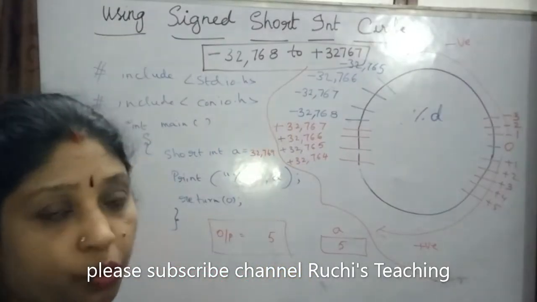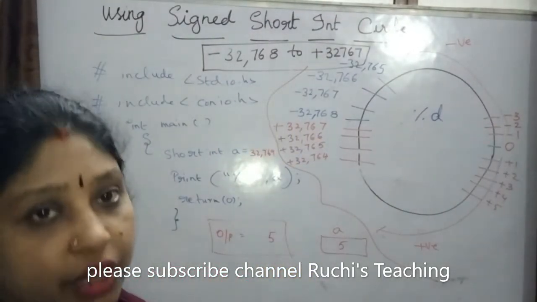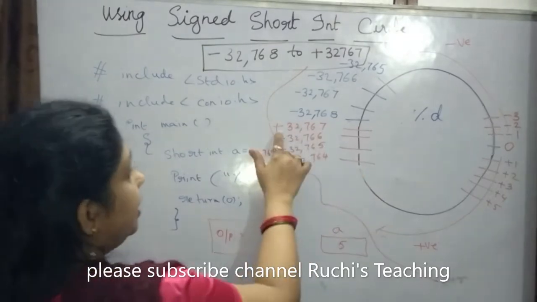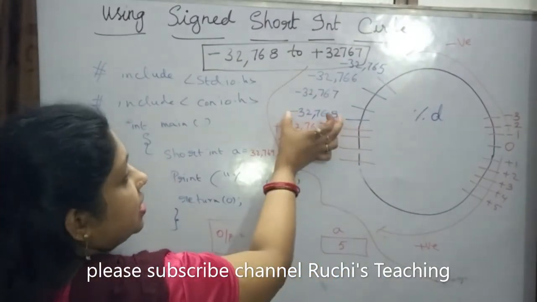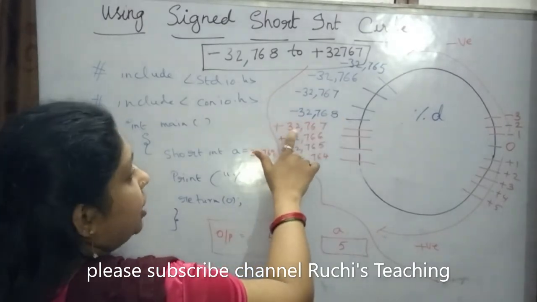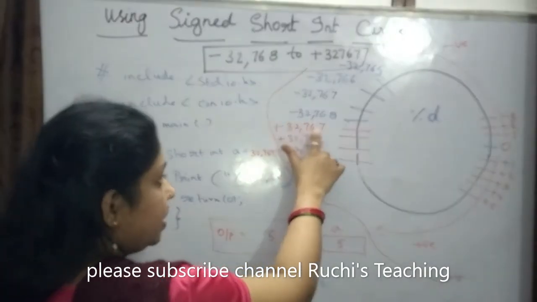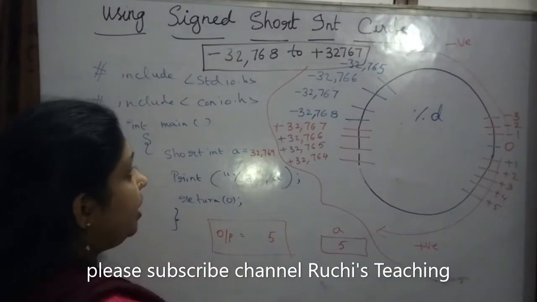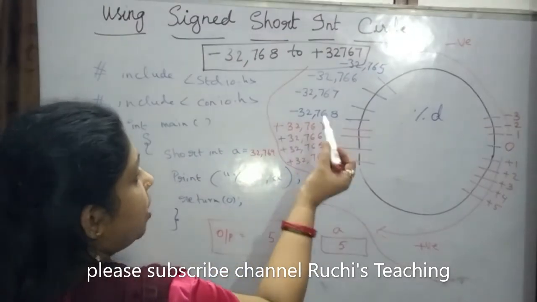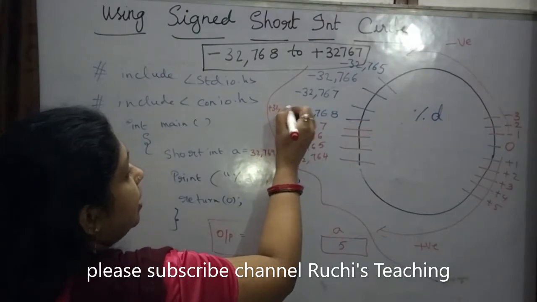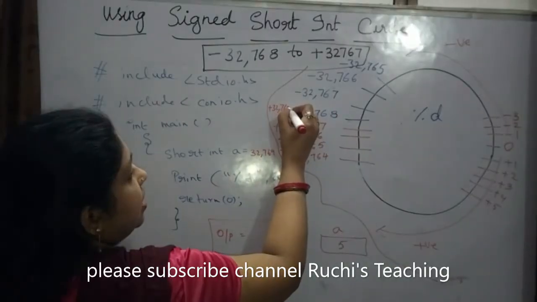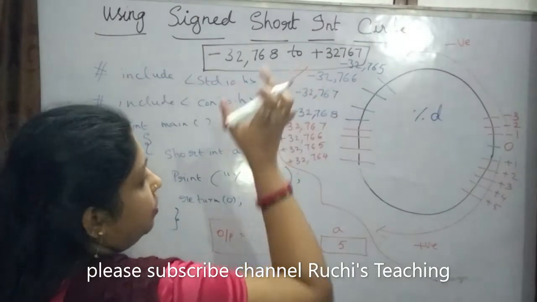No. So at that time it will only take this as a positive value. It will see here 32,767, and the moment it sees a negative value, if it is not there, it will only think of that as 32,768 for this particular value.